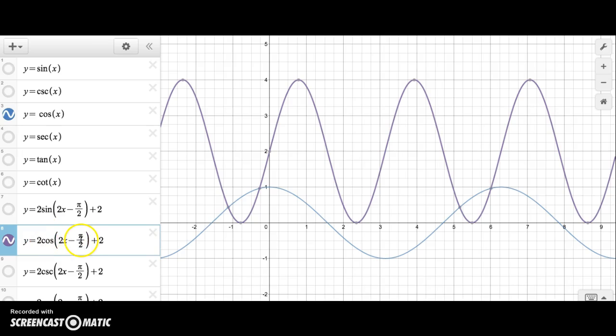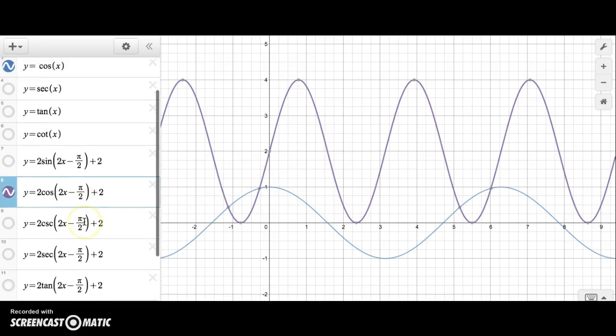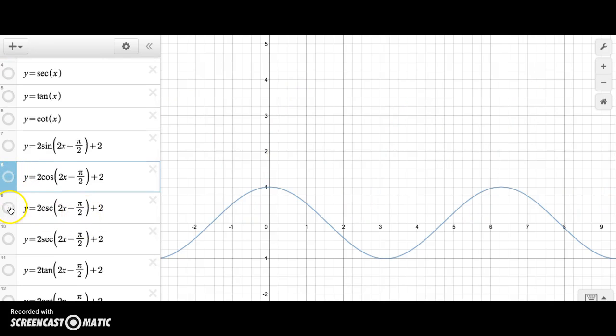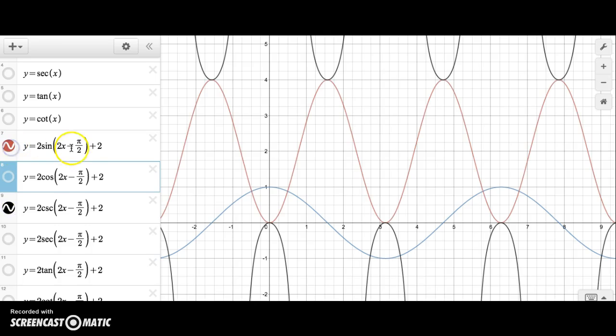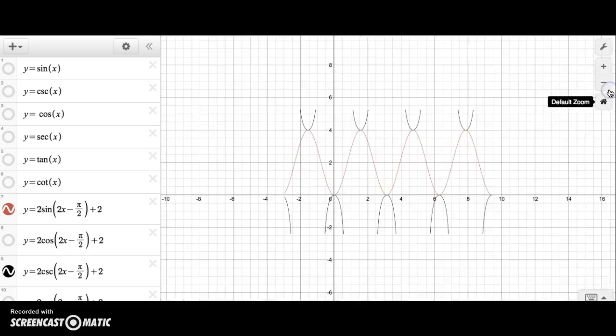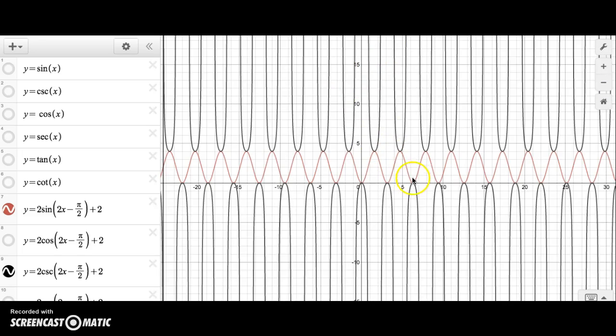And again we have this 2, which makes our graph smaller. And this 2 brings our graph up. And this 2 makes our graph taller. And if we look at cosecant and secant, you can see that the same thing happens again.